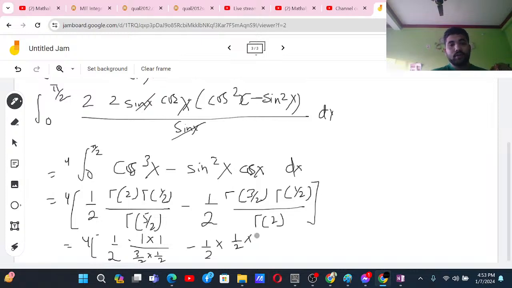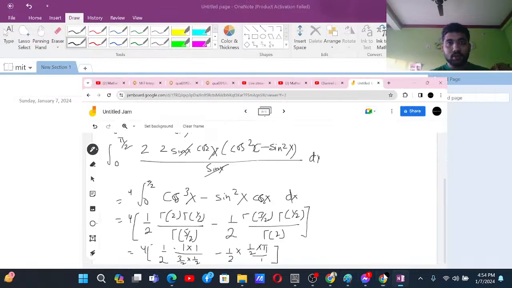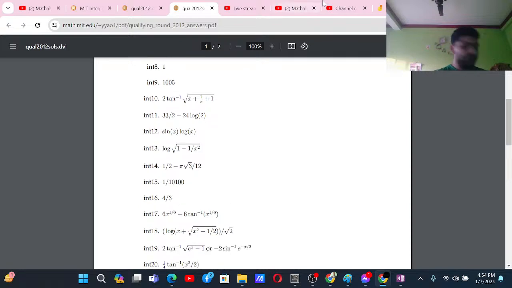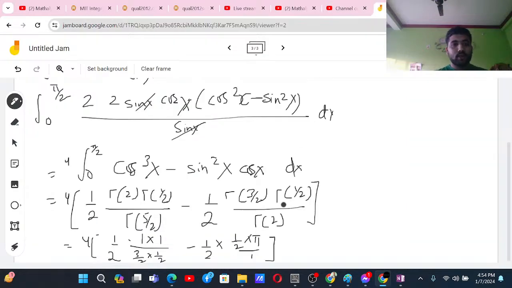Now I think we are close to the answer. But wait, isn't this sine square x over here? Let me check the answer key first, because what I've done is not believable. The answer is 4 by 3. I feel like I have made a mistake somewhere.